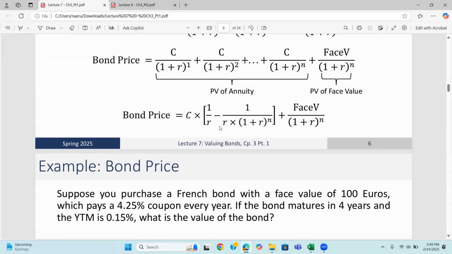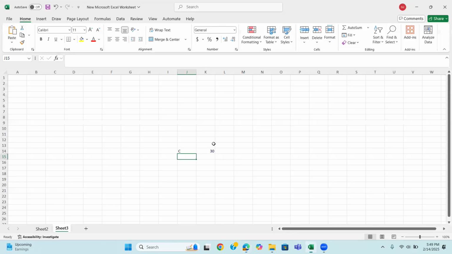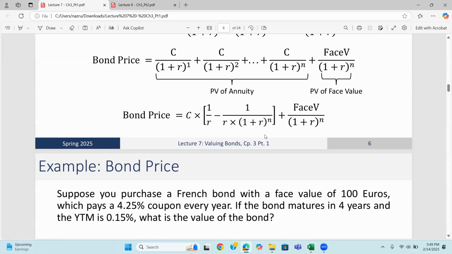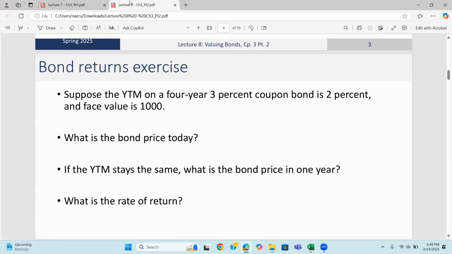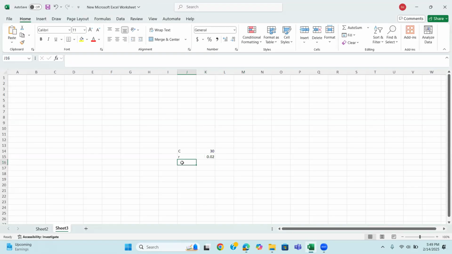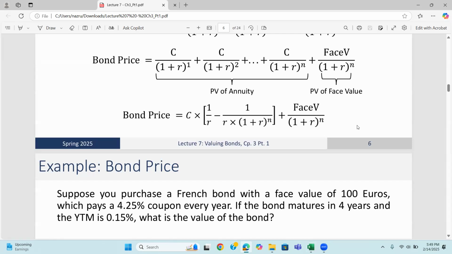We need R. We have R because YTM is 2%, so let's write R as 2%, 0.02. What else? We need N. Our N is given here, 4-year, right? So our N is 4. We need face value.